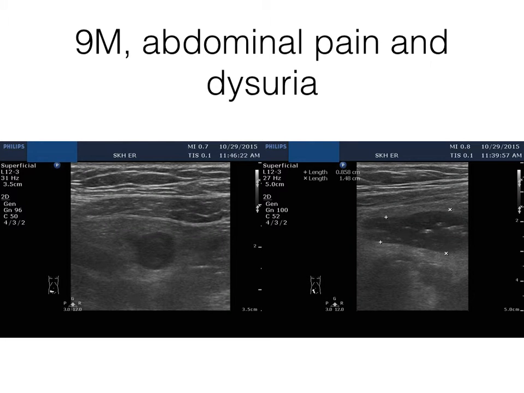The other one is a 9-year-old boy who got abdominal pain for maybe 2 to 3 days, and today developed dysuria. This boy is quite interesting because he got an abdominal scan previous to the ER visit by the pediatric GI doctors, because the pediatricians in the outpatient department suspected this patient may have appendicitis.